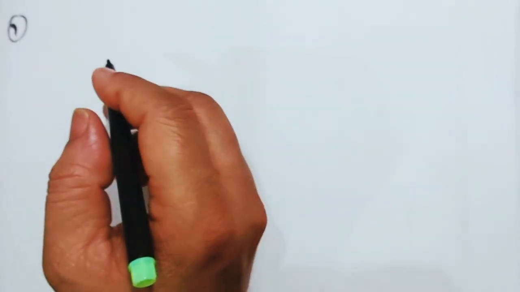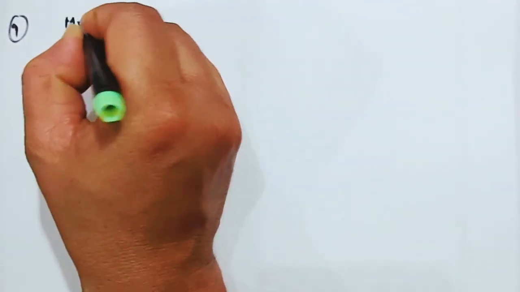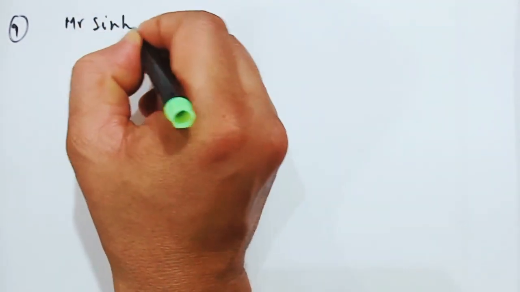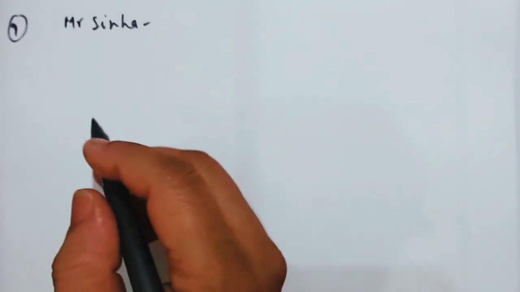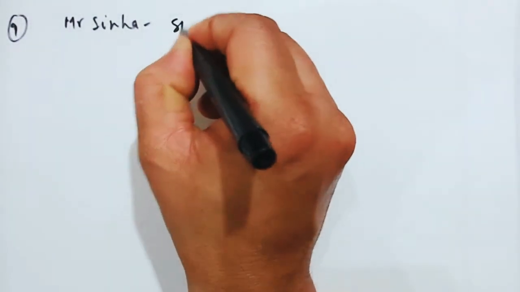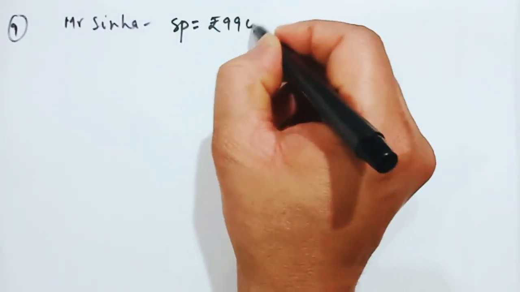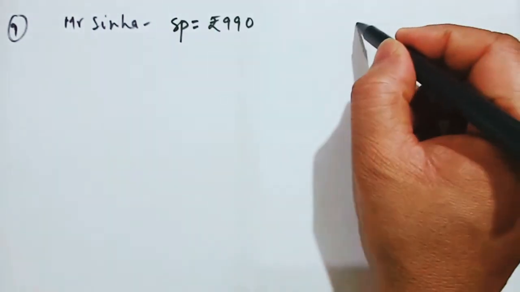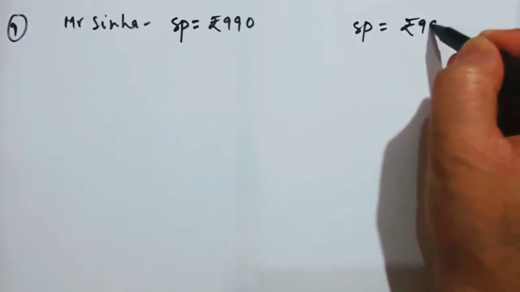Mr. Sinha sold 2 tape recorders. Okay, so Mr. Sinha, he sells 2 tape recorders whose selling price is equal to rupees 990, and the selling price of another also is rupees 990.